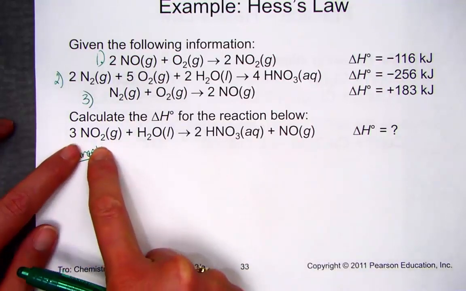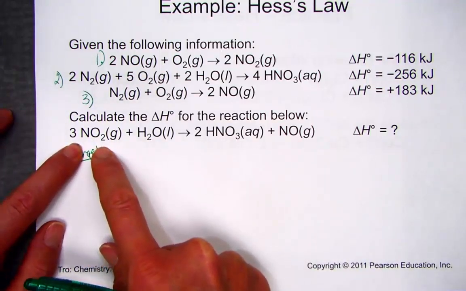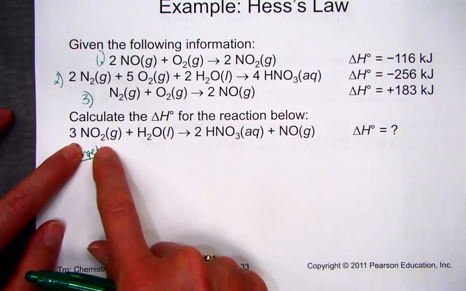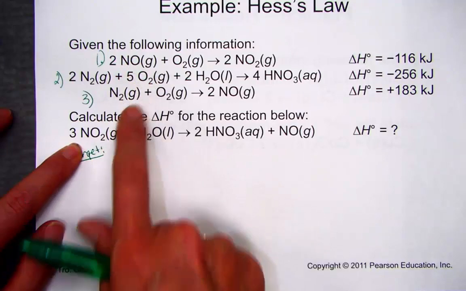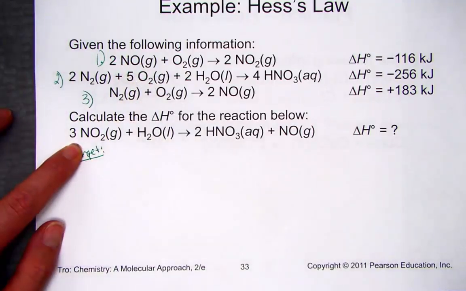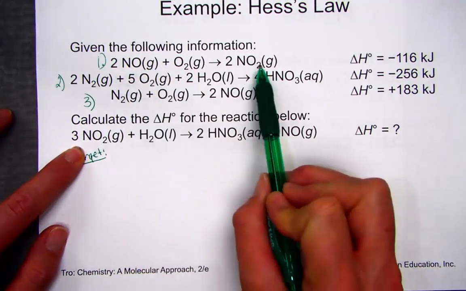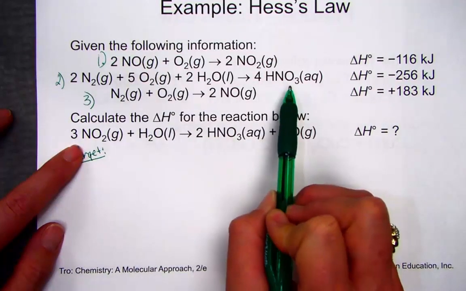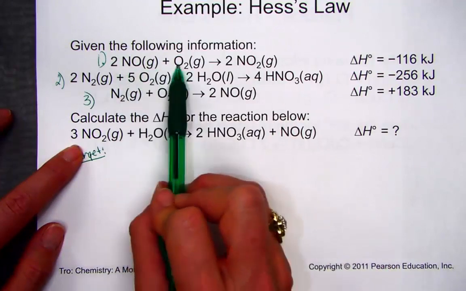So I look at the first reactant in my target equation for no other reason than it's written first. And here's what I notice. I'm going to start going through my equations and see where it's written. I notice that NO2 is a product in the first equation. Is it written anywhere else, or is that the unique place?